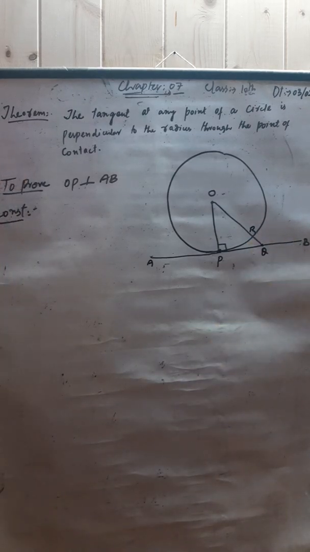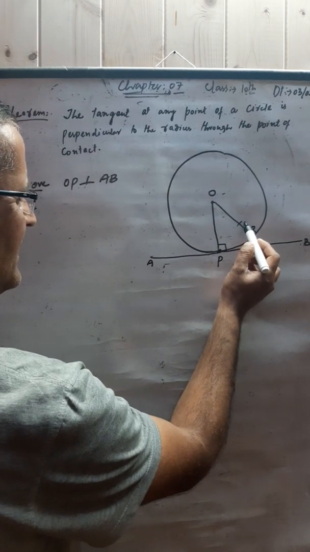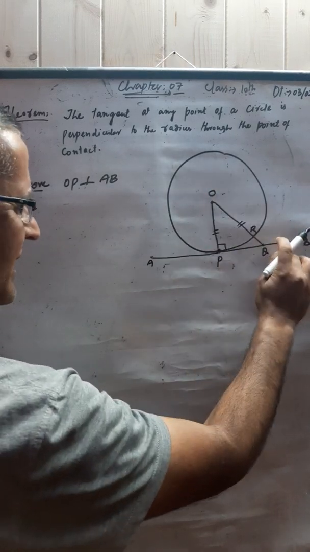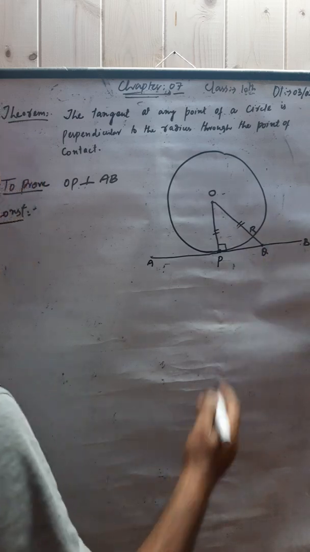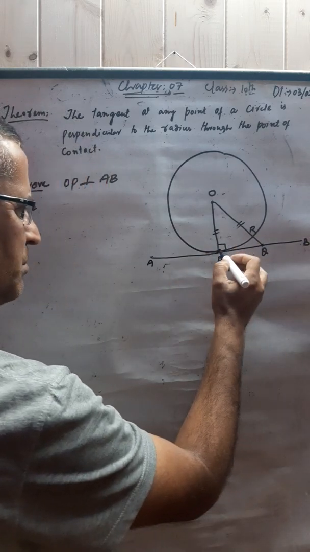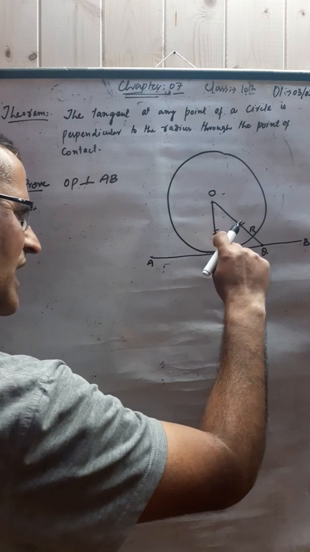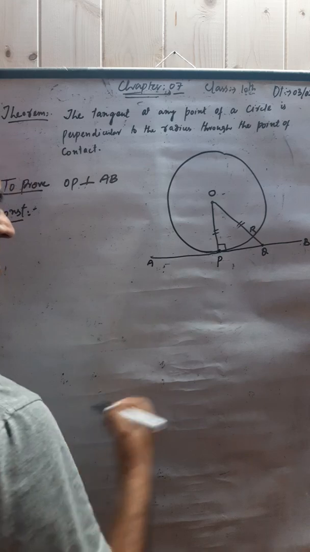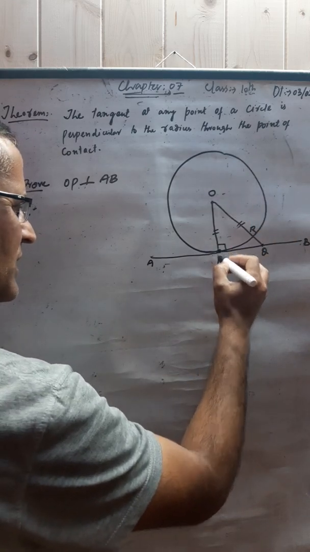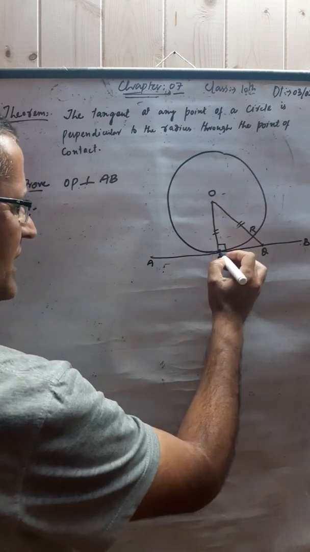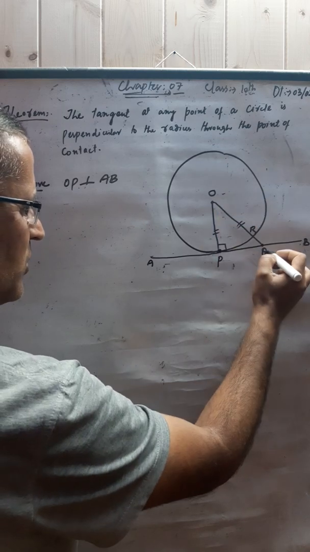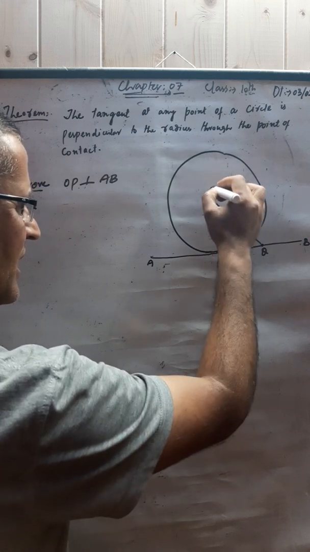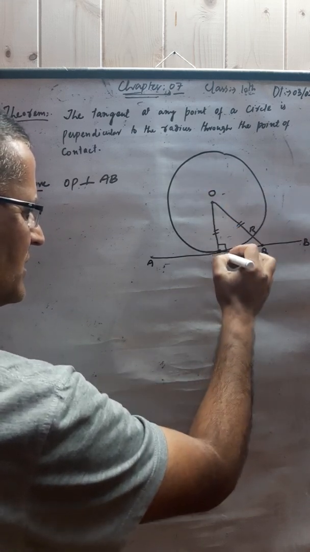So OR is a radius, and OP is a radius, but OQ is greater than the radius, because Q lies outside the circle, and P lies on the boundary of the circle. So OQ is greater than OR, which is equal to OP.